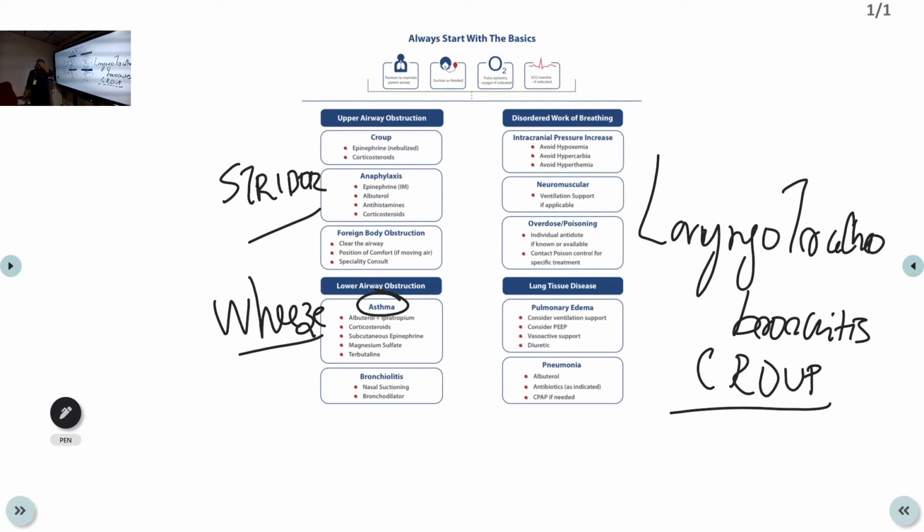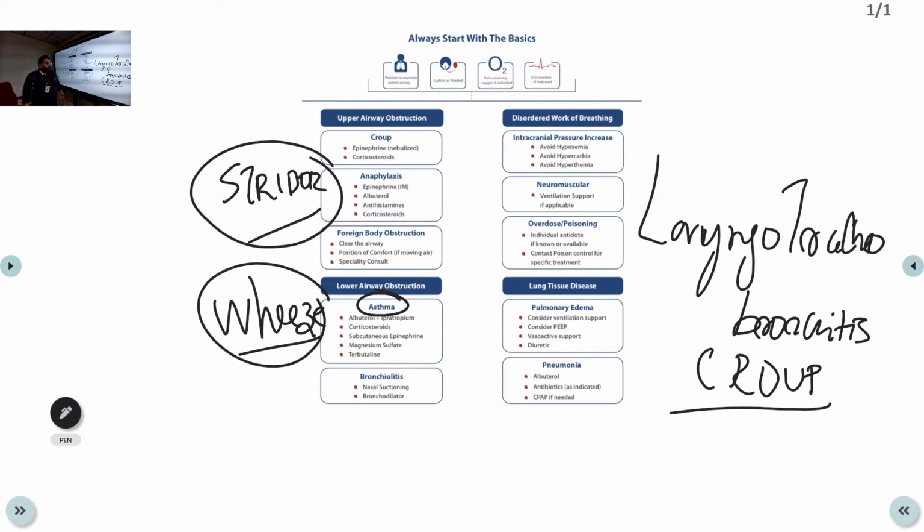So you can give albuterol or salbutamol with ipratropium. Steroids, depending upon how bad the child is, you can think of nebulization, magnesium sulfate and terbutaline. So these are the drugs. We will discuss asthma in detail as a topic later; I am not going in depth here. So for asthma and bronchiolitis, remember wheeze. Upper respiratory, remember stridor.